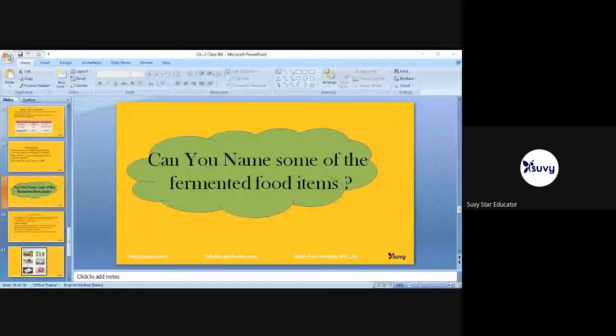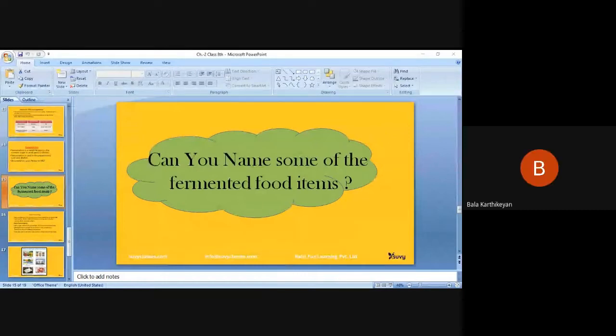Yes, Noorjahan. Yogurt, ma'am. Yogurt. Good. Sri Lakshmi, can you name any of the fermented food items? Yes, Bala.